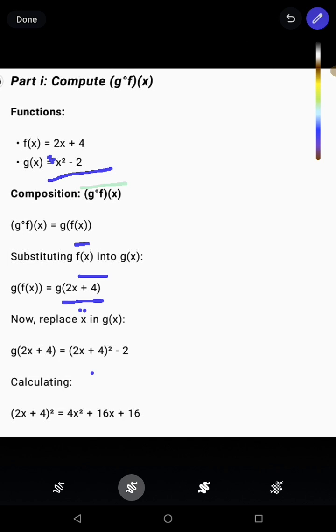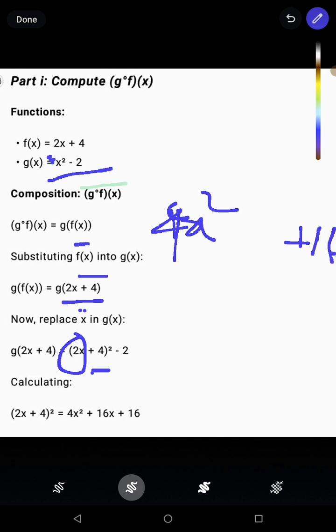Simplifying 2x plus 4 all squared, that's this one squared. Let me give you a trick. Square the first term, 2x squared, that's 4x squared. Square the last term, 4 squared, that is plus 16.